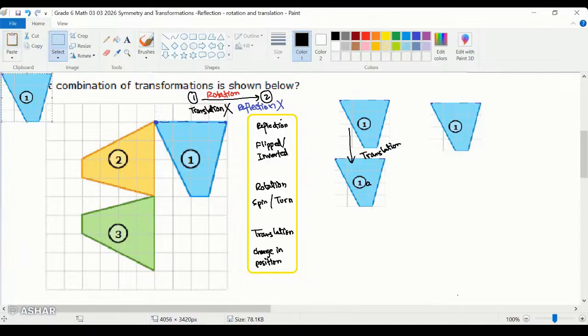Okay, so in case of reflection, what will happen? Let me just find the options. Vertical. Okay, then this would be reflection. 1 to 1b, this is reflection.